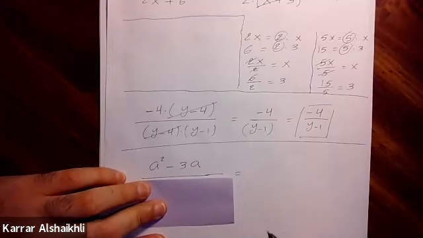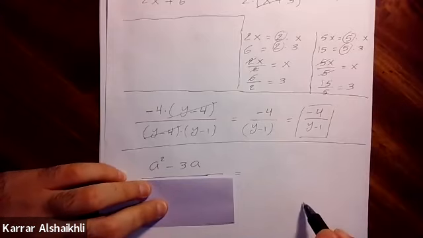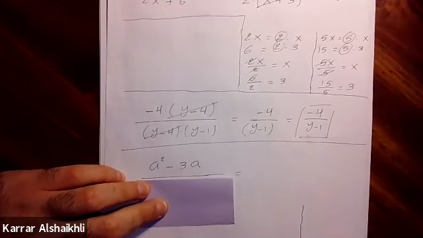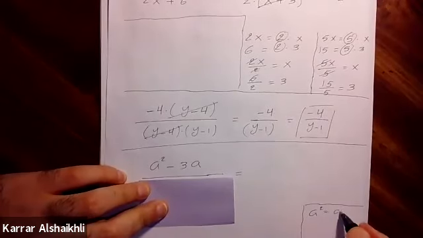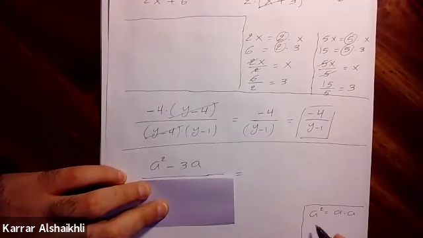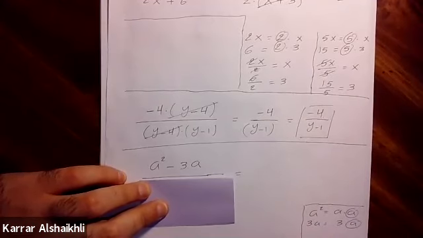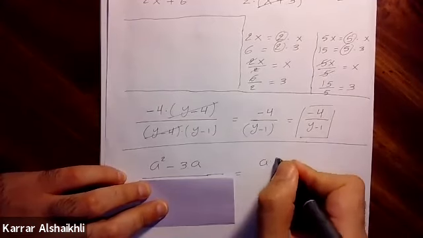So who's going to tell me what's the common between these two terms? The A. Because A squared is A times A, and 3A is 3 times A. So the common is A. So here is the A.